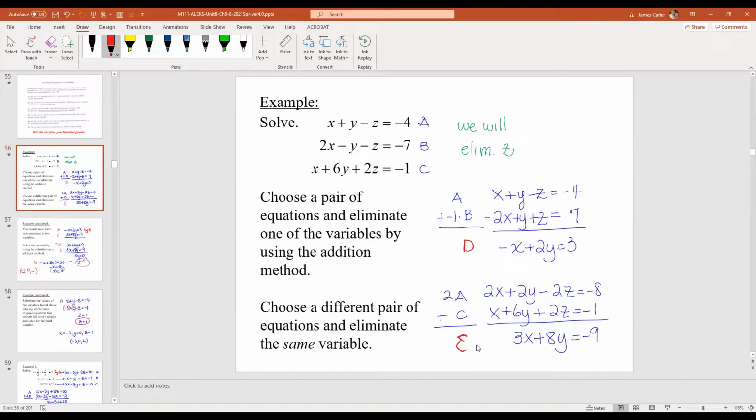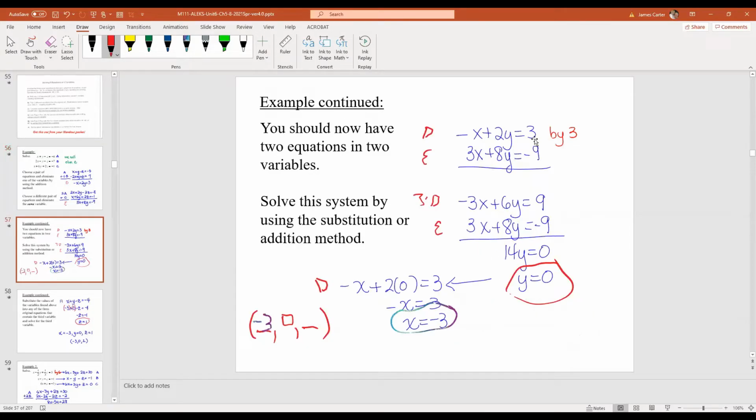Now we're going to take equations D and E. We've got to multiply by 3 so we get an opposite pair, and we combine those. So here we multiplied by 3. We got our opposite pair of 3's, and we got our first answer.